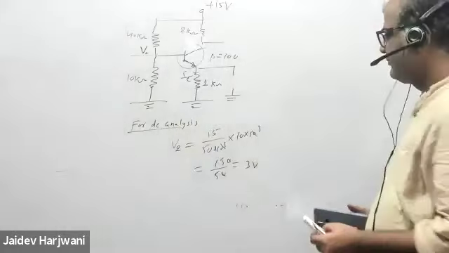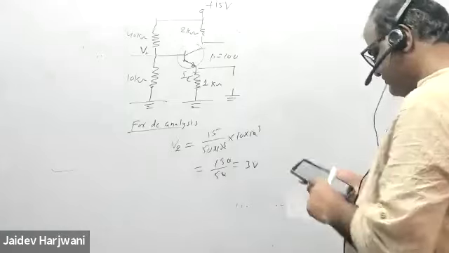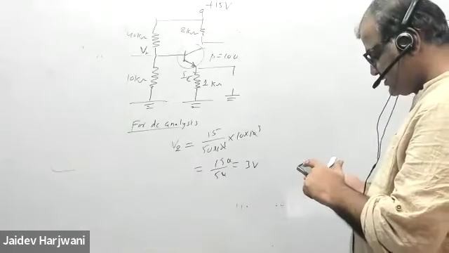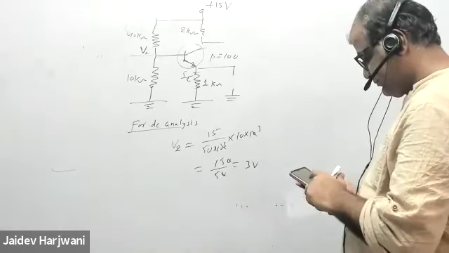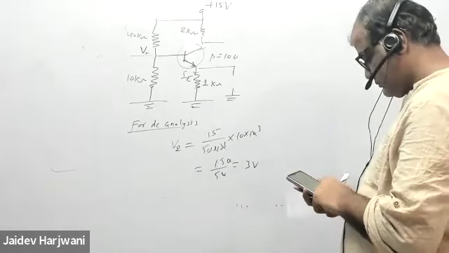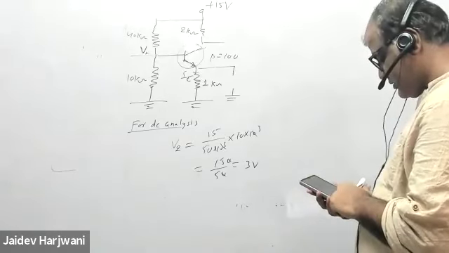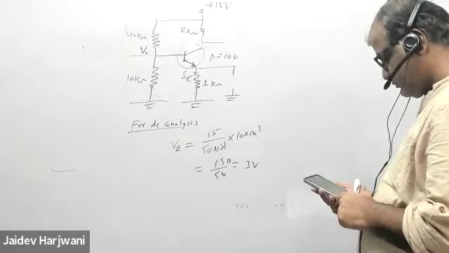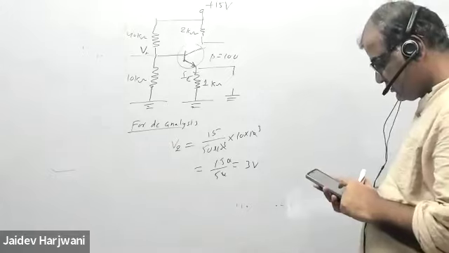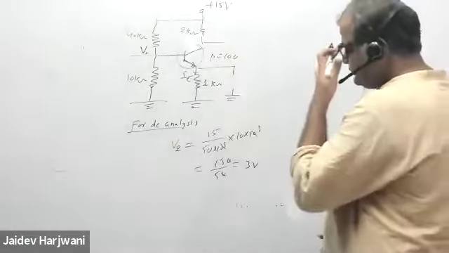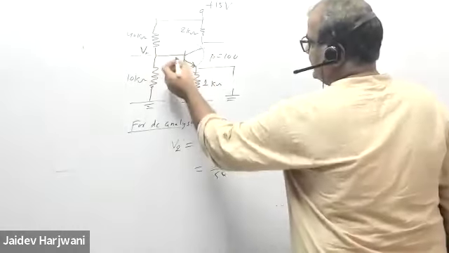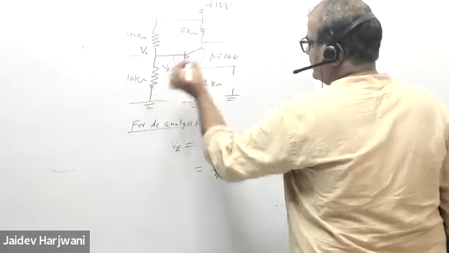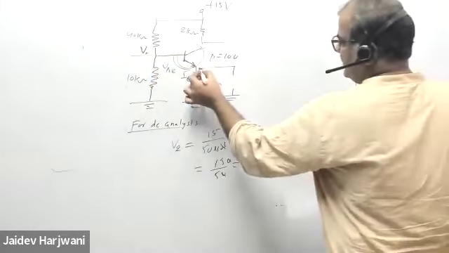Yes, sir. Okay. Now VBE is given in the question, or if it's not given, you can take 0.7. Tell me what IE is coming. I'm not solving, you solve. So V2 is 3 volt and VBE is 0.7 volt, so I can find VE here.